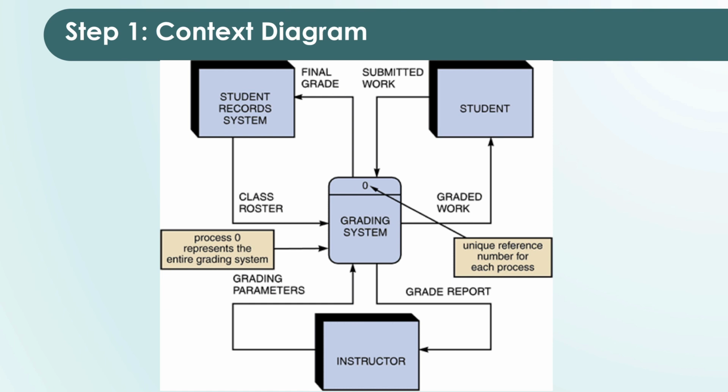Why is it 0? Because this is the name of the system. It is not a specific process yet, but it must be placed here, so we refer to it as process 0. The name of the process is the system name, grading system.